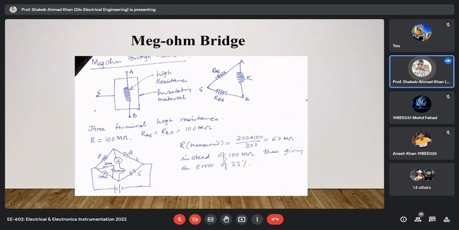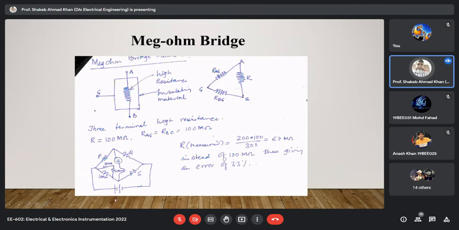When you take P upon Q equal to R upon S and measure the value of the unknown resistance using the balance equation after balancing the bridge, you end up measuring 67 mega ohm, because in this arm we are not putting 100 mega ohm but this 67 mega ohm resistance.